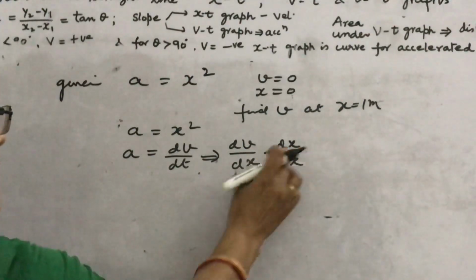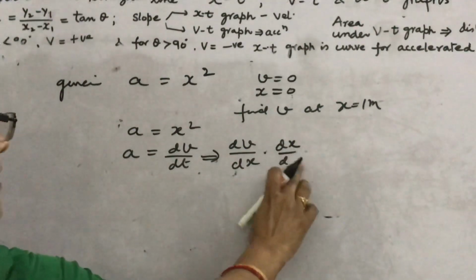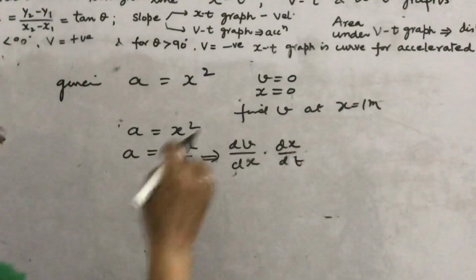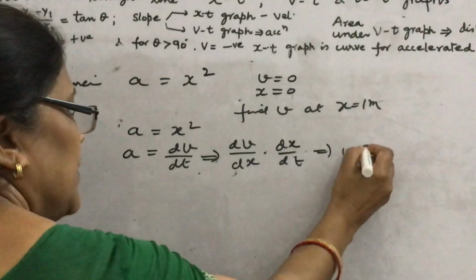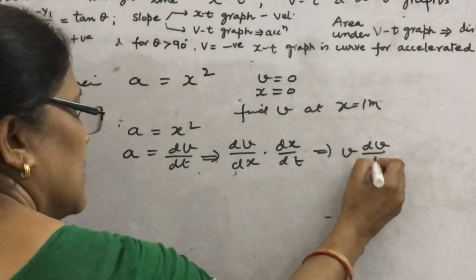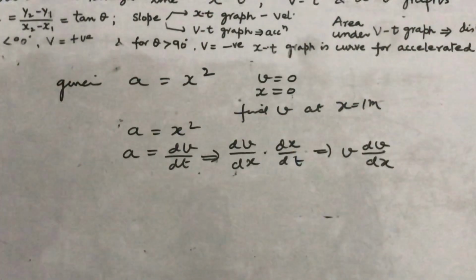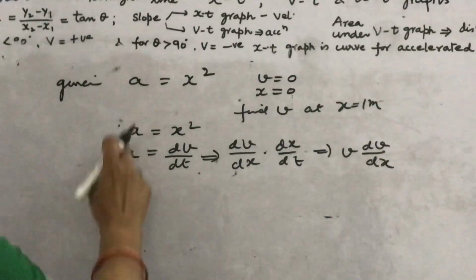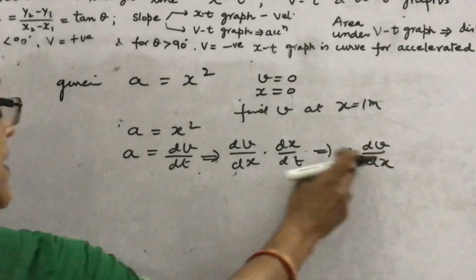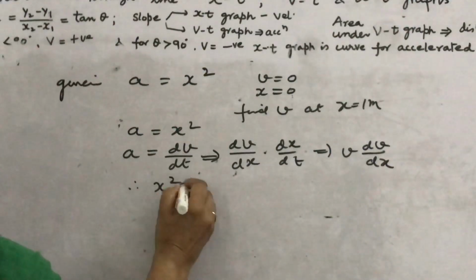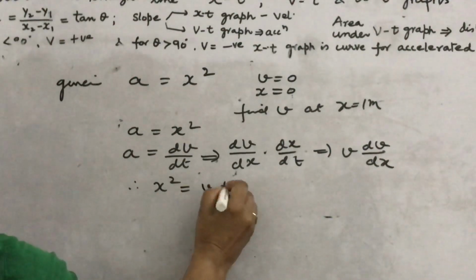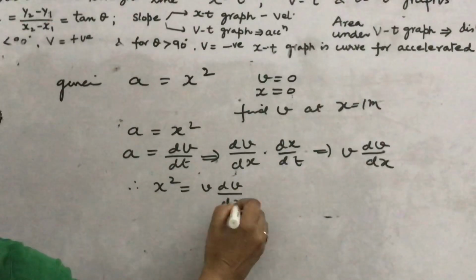Division and multiplication by dt here. What is dx by dt? Velocity. So what it will become? This is v into dv by dx. And what a? a is v into dv by dx, and what is a given? x square. Therefore you will write that x square equal to v into dv by dx.